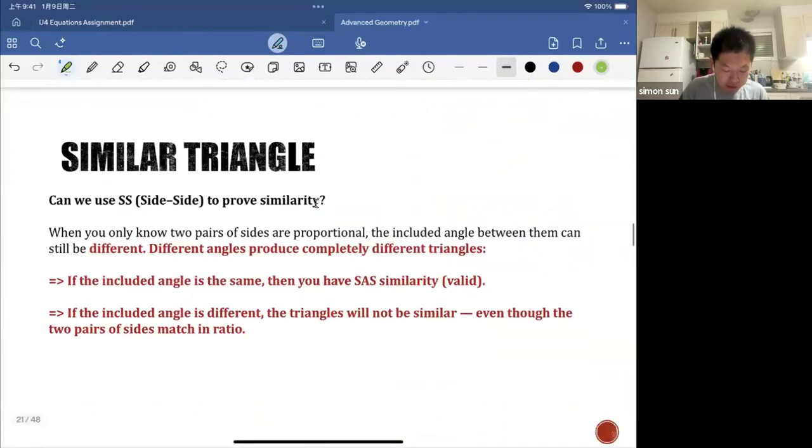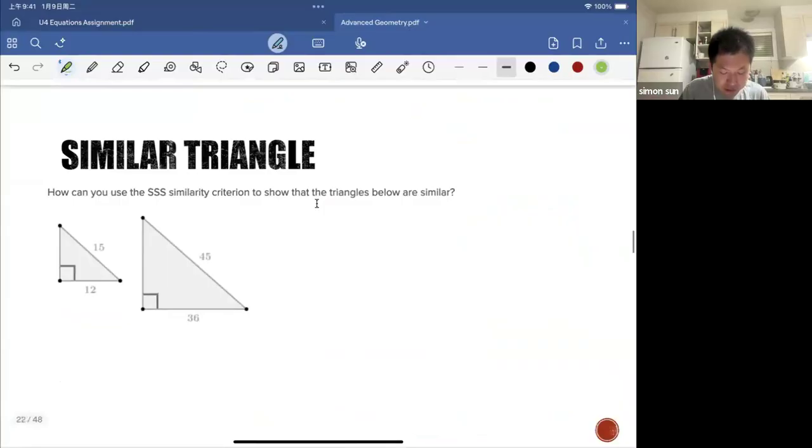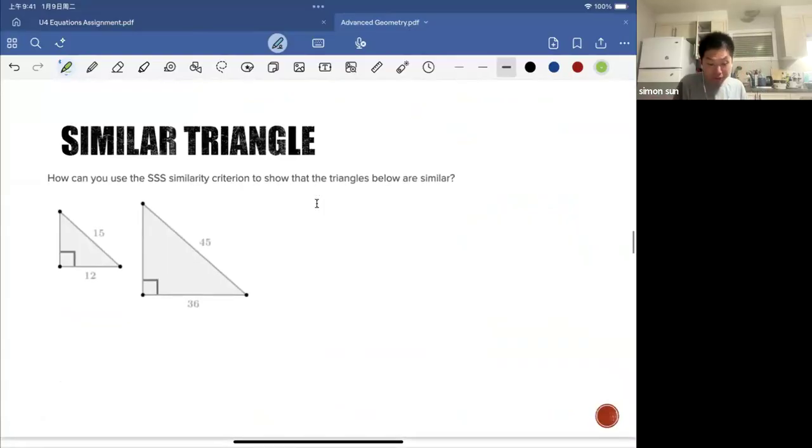Now let's take a look at one example here. We have two right triangles. The only given information is two side lengths. The first one, let's mark it ABC. The second one, let's mark it DEF.